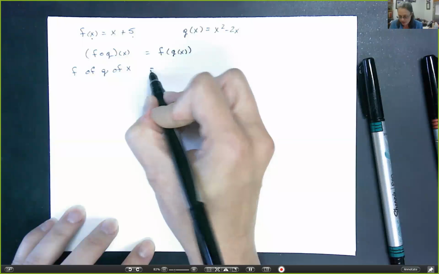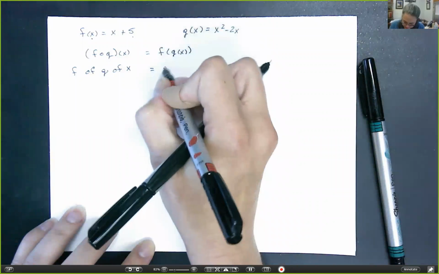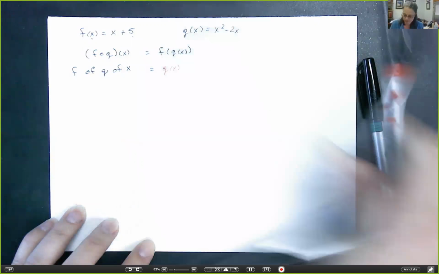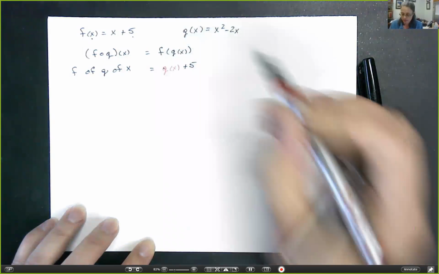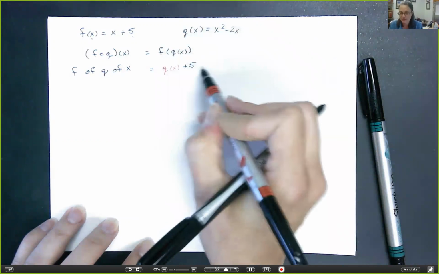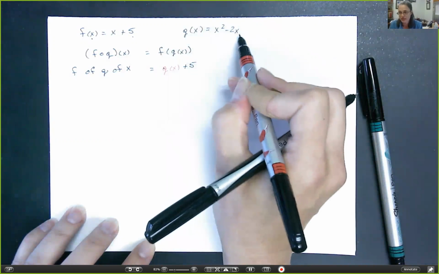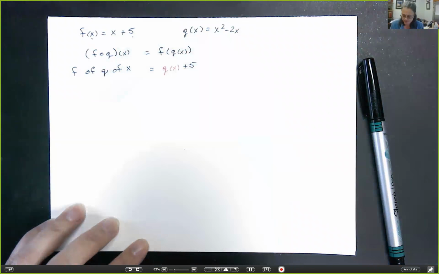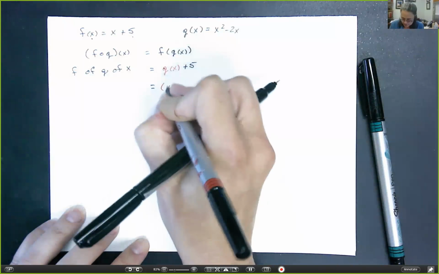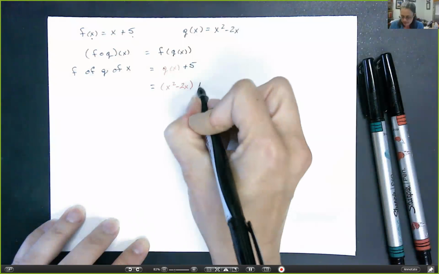What's inside my parentheses is G of x. I know that G of x is x squared minus 2x, so this is x squared minus 2x plus 5.